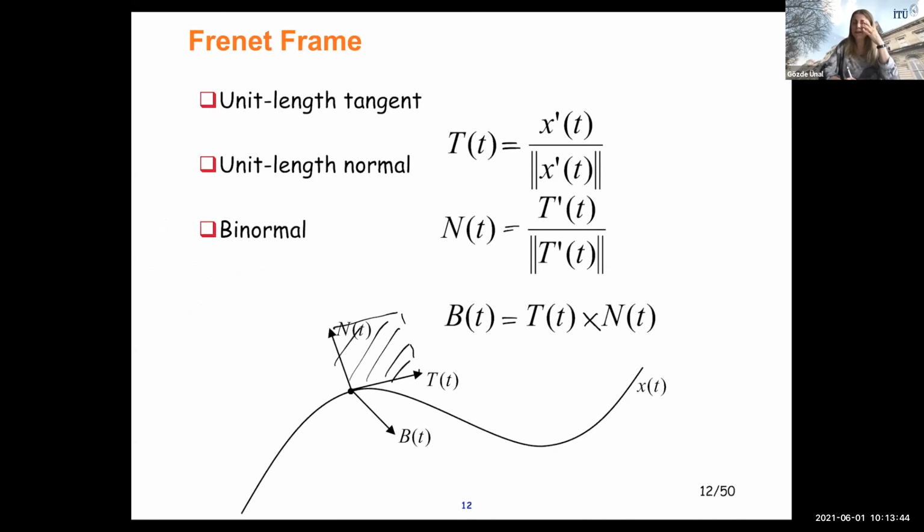Now we take the cross product and form the normal to that plane, which is my b vector. This plane is called the osculating plane of the curve. So b of t is the normal, or binormal, to the osculating plane. That's why it's called binormal.